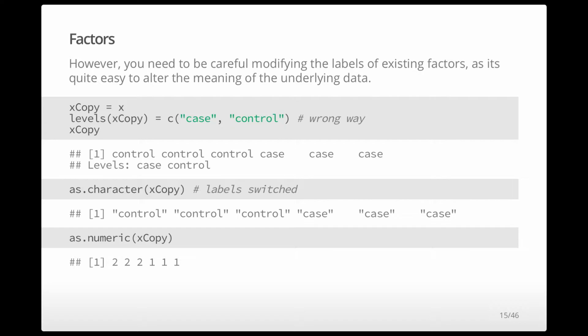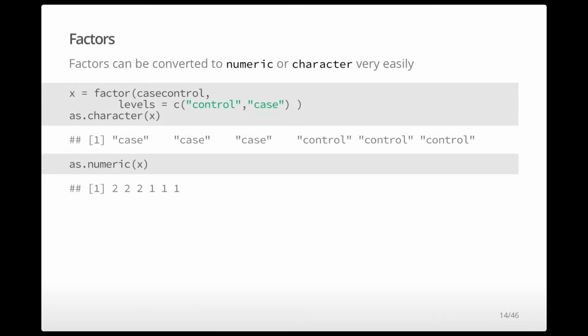But like everything else in R, if I said this with a capital C, everything that was a lowercase case would be missing. It has to be explicit. It's case specific. It has to match exactly. That is really important because I use the sex variable as an example a lot.